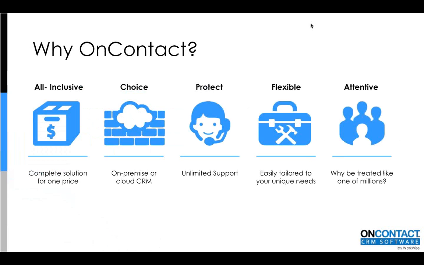So to summarize our value to you, one price provides all the functionality. Depending upon your deployment of OnContact, you could go on-premise or in the cloud. Of course, the maintenance and support plan includes unlimited phone support, lots of ability for you to tailor the application, and also we have hundreds of customers instead of millions of customers, as perhaps some of our competitors offer.